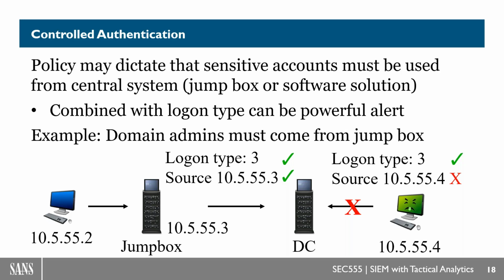This is implementing things in a way that certain accounts can only be used from a specific directionality. So in this picture, we're forcing the use of a domain admin account through some form of jump box, whether that's a VDI, virtual desktop system, a remote desktop system, maybe it's another physical box, but whatever it is, we're now stating if I see any of these domain admin accounts used, it better be from the jump box network or subnet. If it's not, oh mama, that's bad, all right?